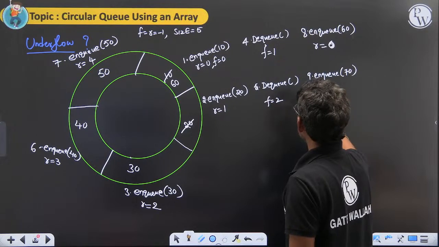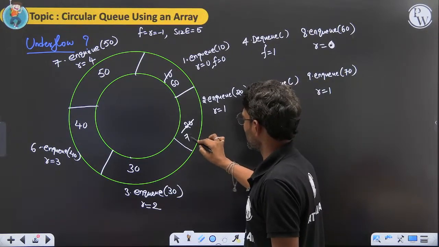Enqueue 70, rear becomes 1, 70 is inserted.